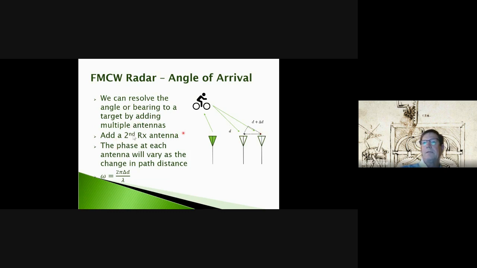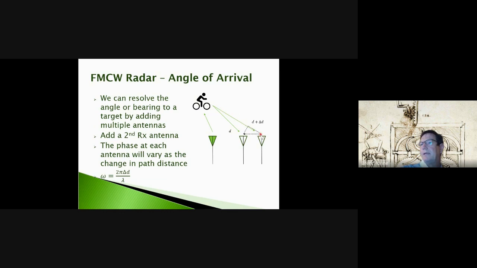So the phase at each angle will vary as a change in that path distance, right? As this signal is traveling from here to there, that's some number of wavelengths and fractions of wavelengths, and that affects the phase at which we arrive at this antenna.